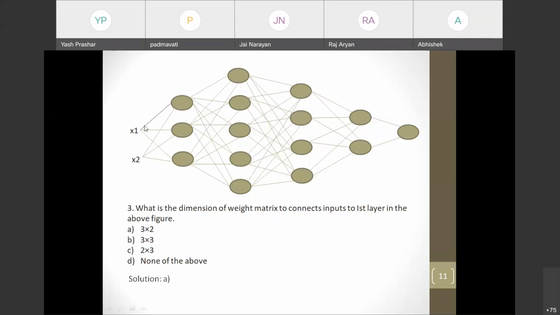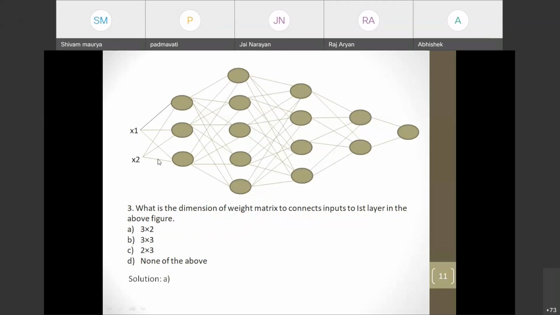And we all know the dimensionality of the input layer. Though I have not listed it right now, you all always answer it. What is the dimensionality of the input layer? 2 cross 1.